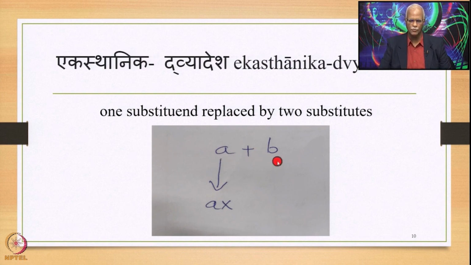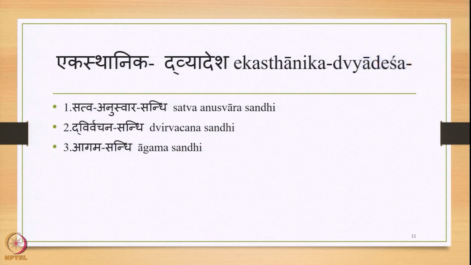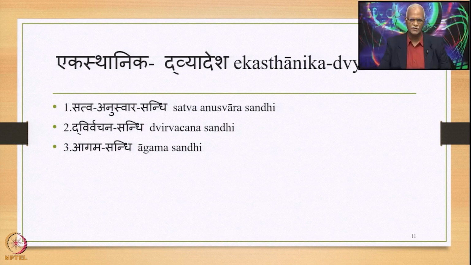They are in the Samhita mode, B follows A, and in the environment of B, this A is substituted by two elements, namely A and X. So, this is one substituent replaced by two substitutes. And there are three instances of Ekasthanika Dvyadesha. First, Sattva Anuswara Sandhi, second, Dvirvachana Sandhi, and third, Agama Sandhi.